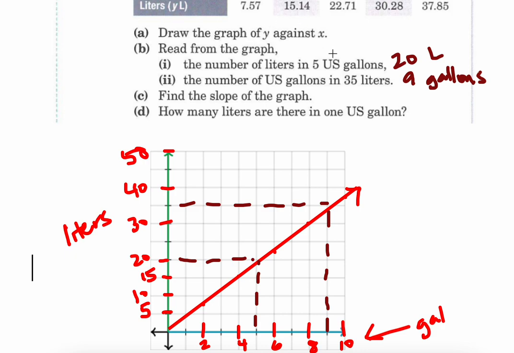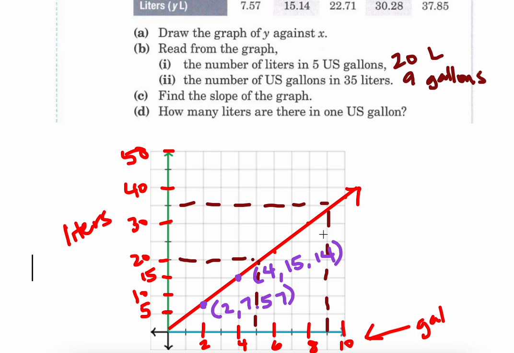And then they want us to find the slope of the graph. Here we would have to be a little bit more precise, but good news is we have these numbers from our tables. So our first one was 2 and 7.57. And then let's use one that's closer, 4 paired up with 15.14.